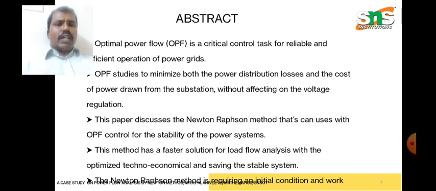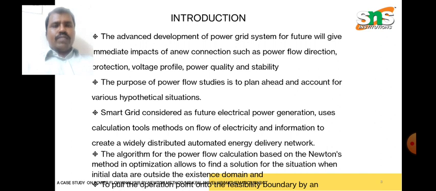This case study discusses the Newton-Raphson method that can be used with the OPF control for the stability of the power system. This method has a faster solution for load flow analysis with optimized techno-economical and saving the stable system. The Newton-Raphson method requires an initial condition to work.